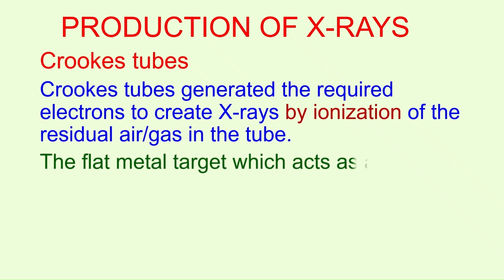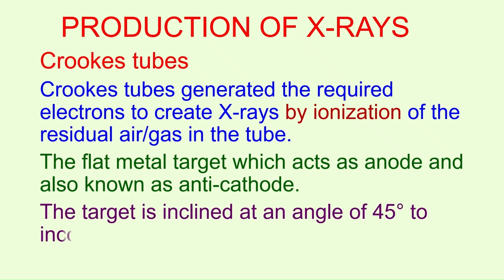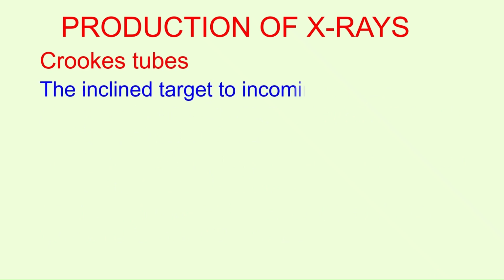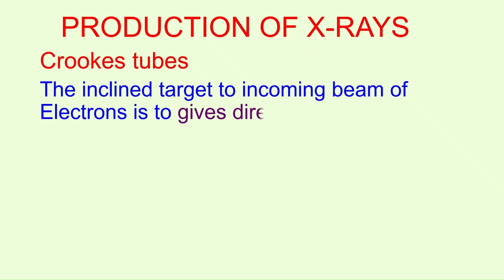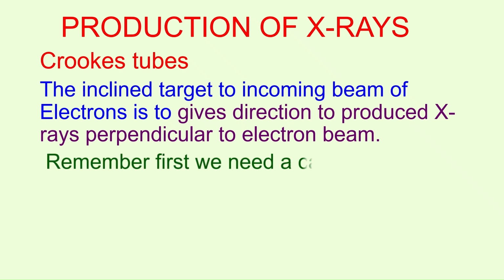The flat metal target, which acts as anode, is also known as anticathode. The target is inclined at an angle of 45 degrees to the incoming beam of electrons, which gives direction to the produced X-rays perpendicular to the electron beam.